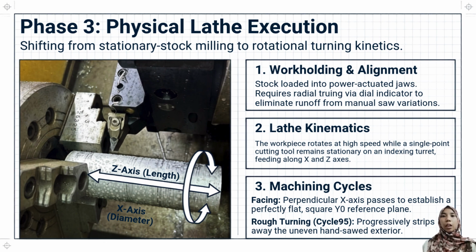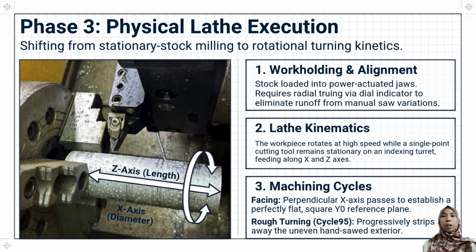A digital indicator was used to perform radial trim and ensure the workpiece was properly centered before machining began. Next is lathe kinematics.